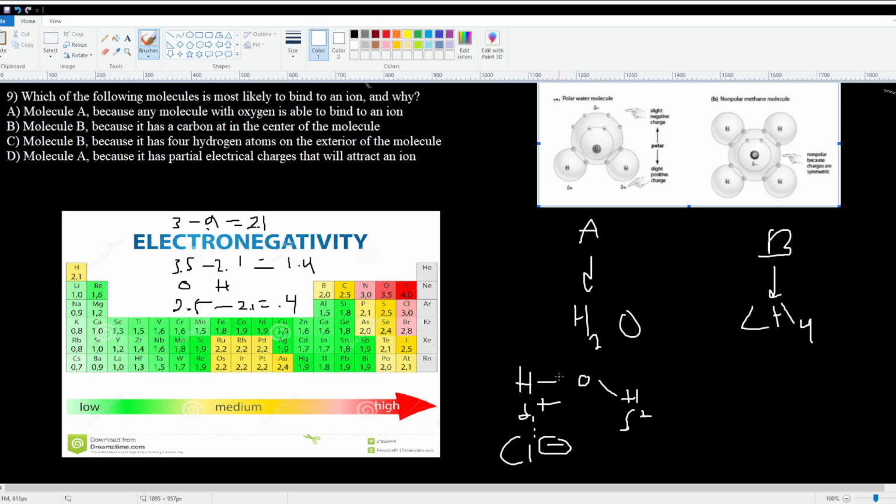They're going to be electrically attracted to each other. I don't want to say bond necessarily, but yeah. And then on the opposite side of water, we have a partial negative charge, which would be attracted to a sodium ion.